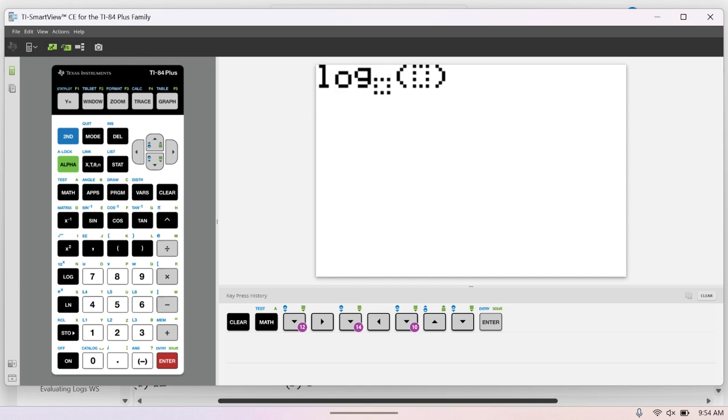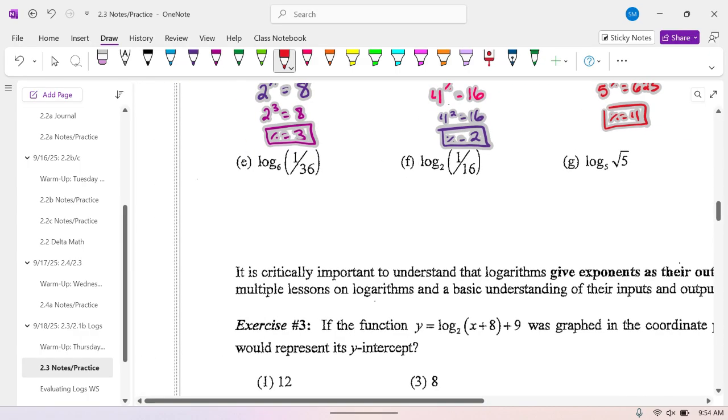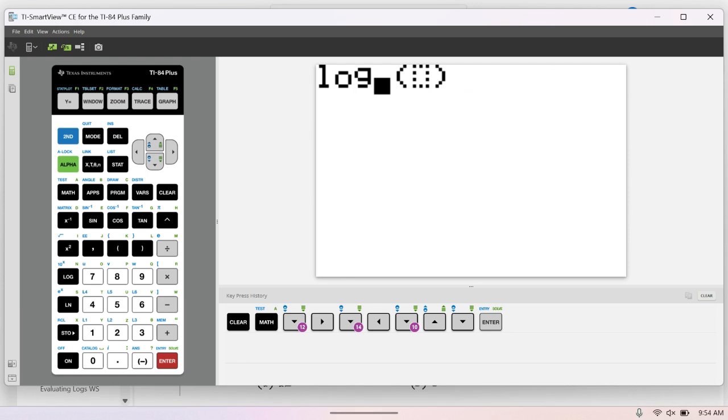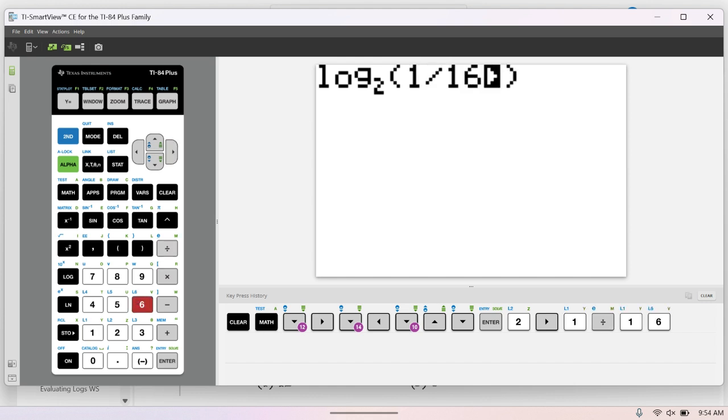So let's say if I did it for letter F. I can put in 2, and then in the parentheses, I can do 1 divided by 16, which is the same thing as 1 over 16.